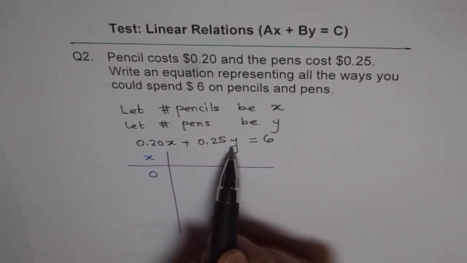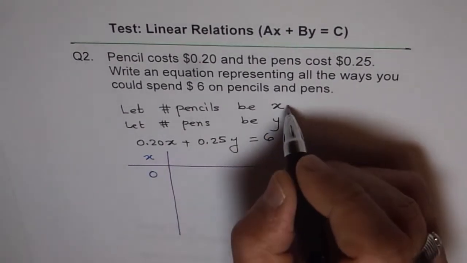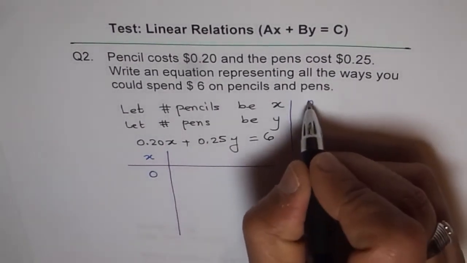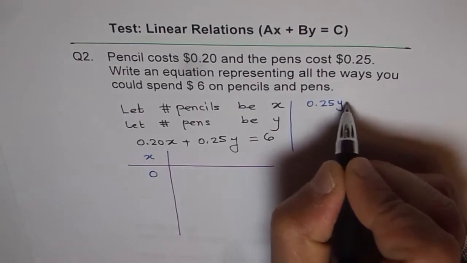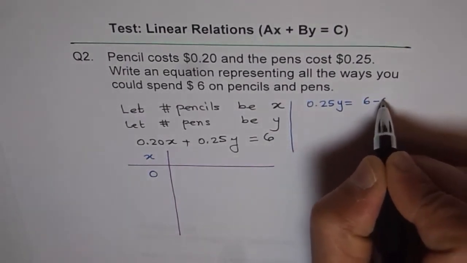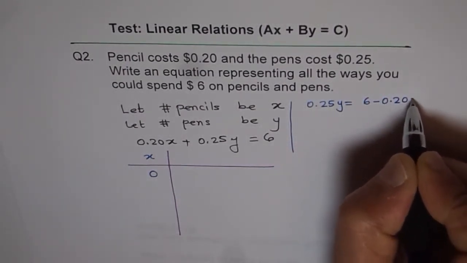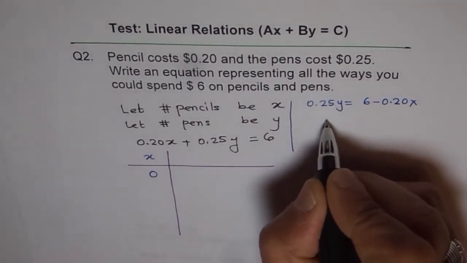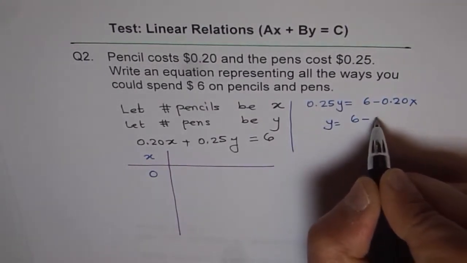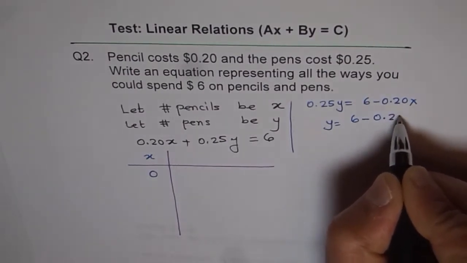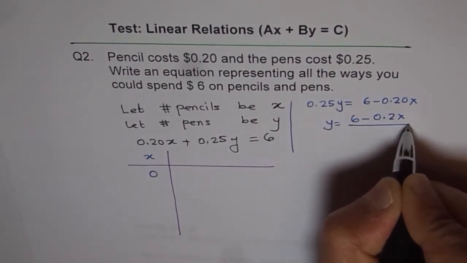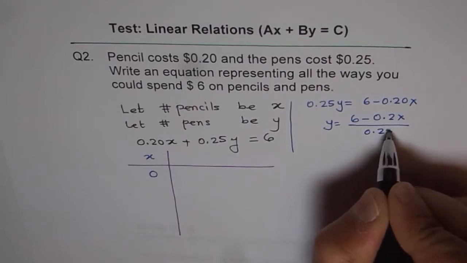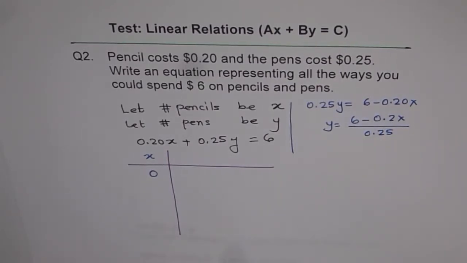We say 0.25y equals 6 minus 0.20x, and y will be equal to (6 minus 0.2x) divided by 0.25. So that becomes the equation to calculate the number of pens.